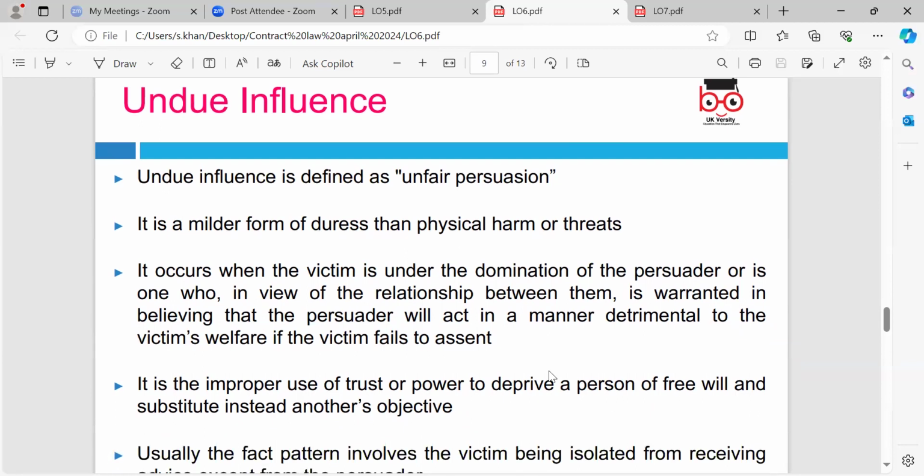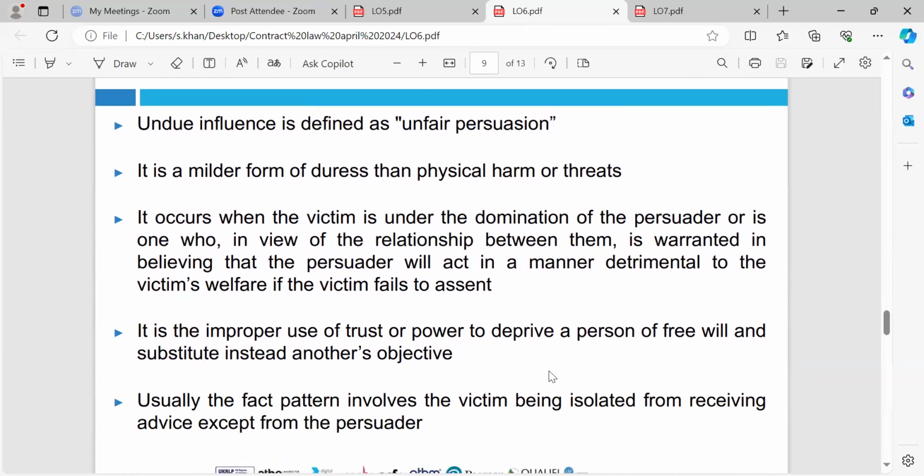So undue influence, the next one to look at, is defined as unfair persuasion. It is a milder form of duress than physical harm or threats. It occurs when the victim is under the domination of the persuader, or is one who, in view of the relationship between them, is warranted in believing that the persuader will act in a manner detrimental to the victim's welfare if the victim fails to assent.